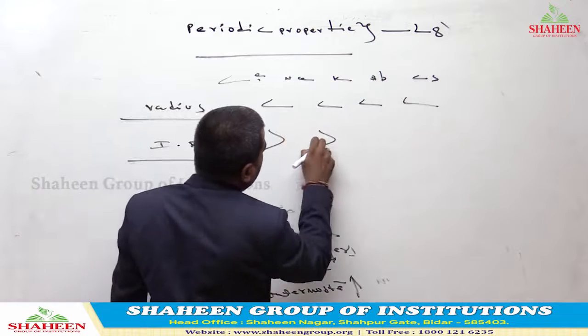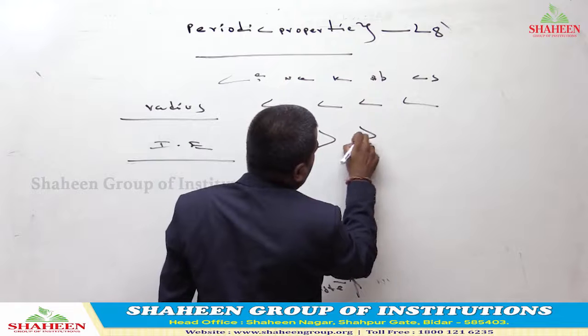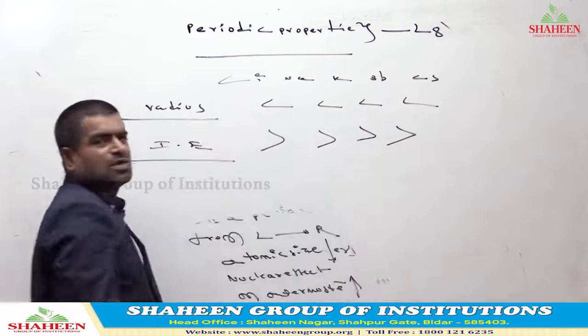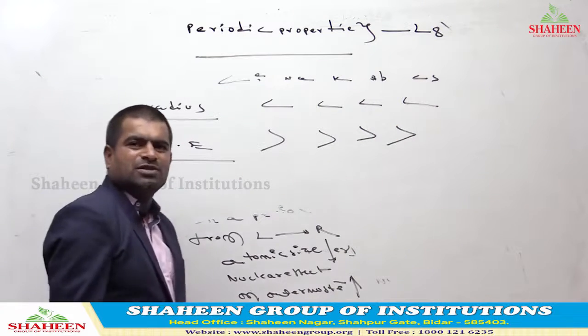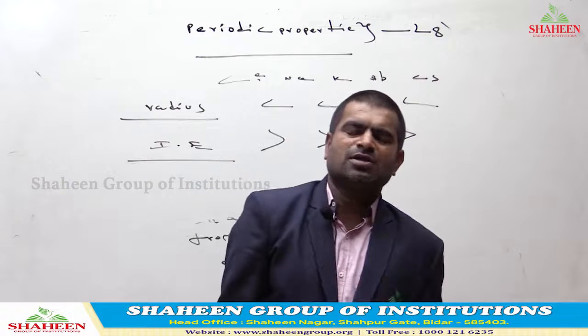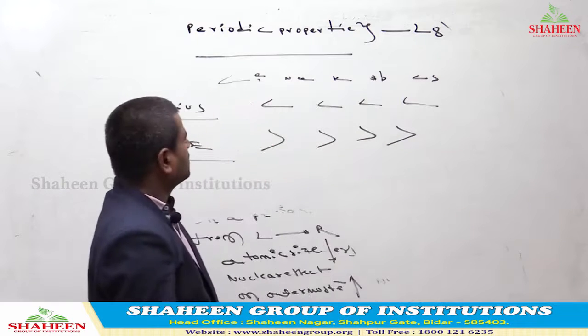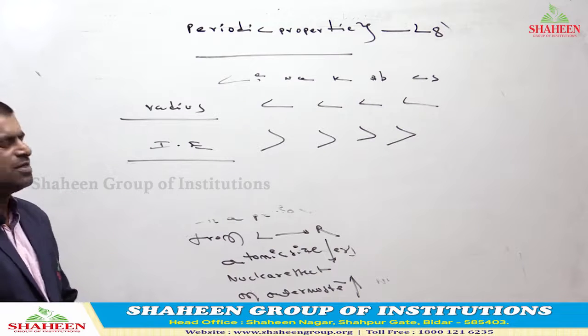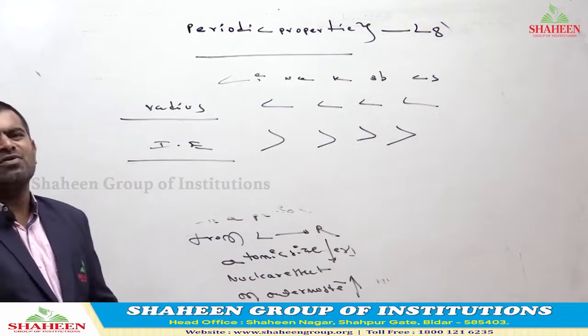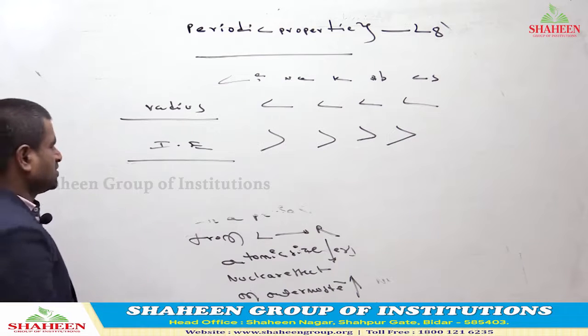Ionization energy for lithium is more, next sodium, next potassium, next rubidium. Remember students, down the group radius increases, along the period radius decreases, and down the group the ionization energy value decreases, while along the period it generally increases.